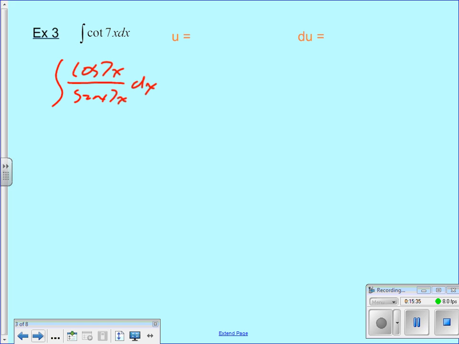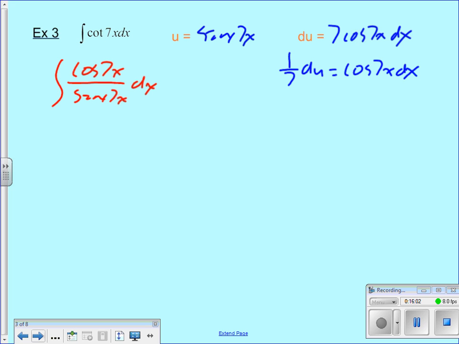But if I let u be the sine of 7x, my derivative is 7 cosine of 7x dx. And I don't have 7 cosine of 7x, but I can multiply both sides by 1/7. 1/7 du equals cosine 7x dx.